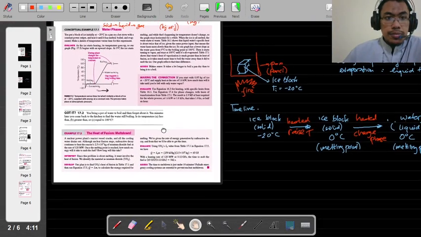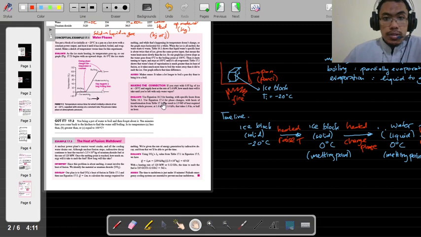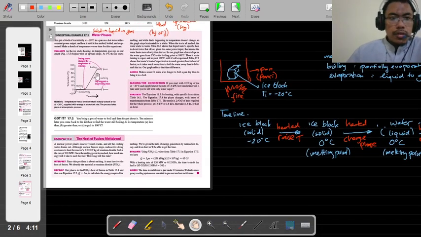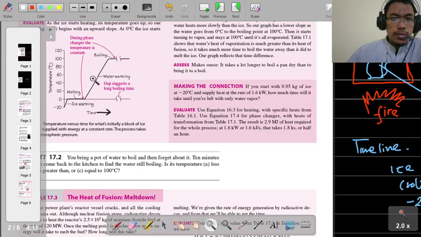Yeah, so this is the timeline, and if we put this into graph, times versus temperature, then we will get this one. Okay, so I will zoom it.